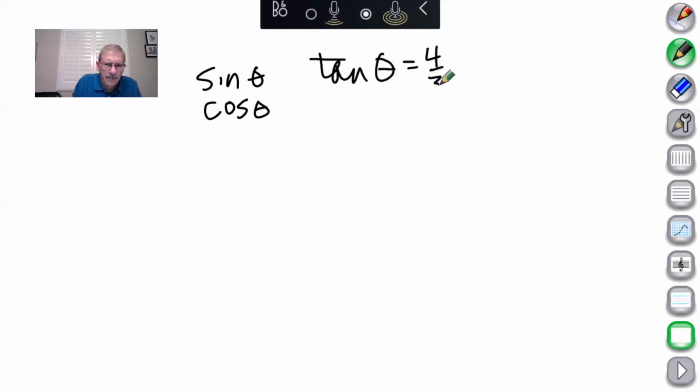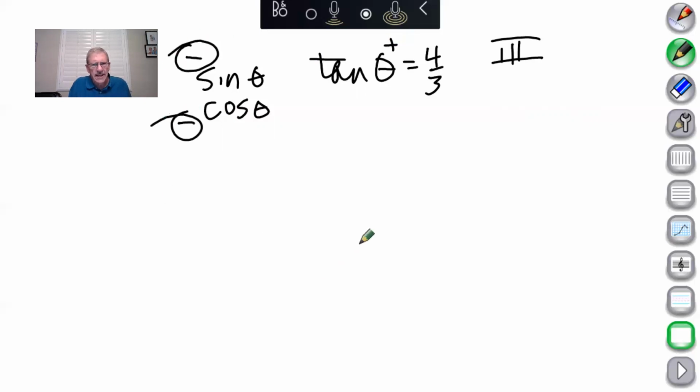Again, we might be able to do it by some calculation using the quadrant, but we want to use the identities. They told us this is in the third quadrant. So in the third quadrant, we know the tangent will be positive, and we know both of these are going to come out negative. So we know what signs we're going to put in front of them. That helps a lot.